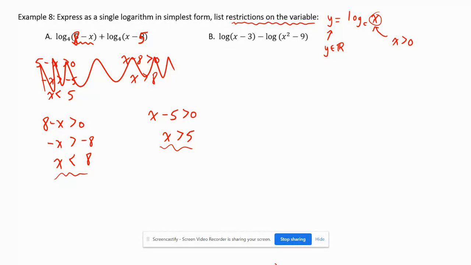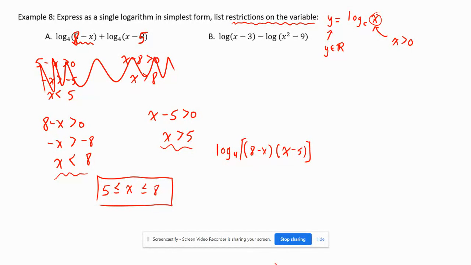So in other words, if we have less than 8 but bigger than 5, that means x has to be in between 5 and 8, like this. So this is going to be the restriction that we have for this question over here. Now for the single logarithm in simplest form, we're just going to multiply the two arguments. So log base 4 of 8 minus x times x minus 5.